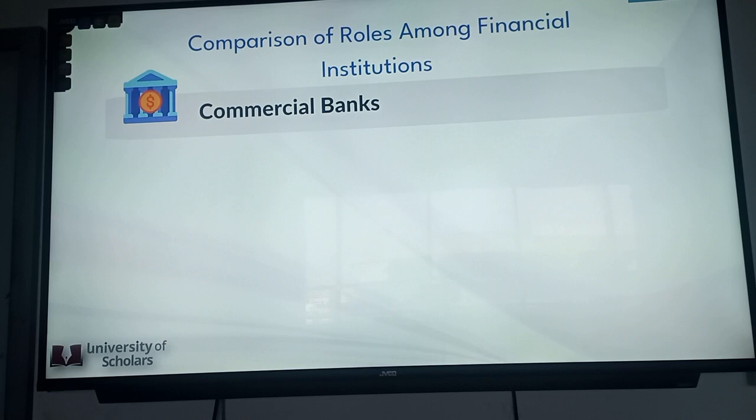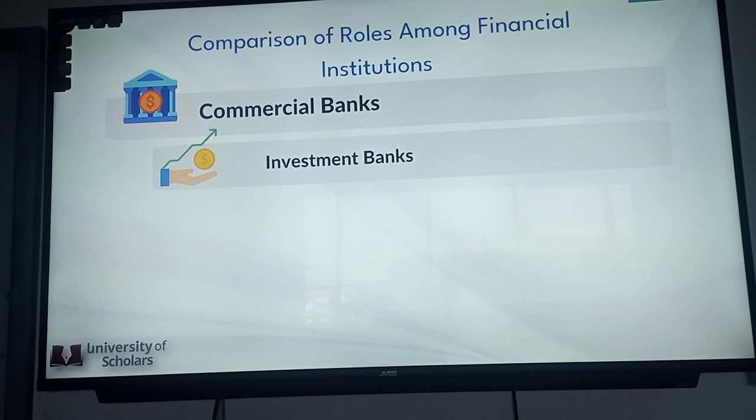The second point is the investment banks that we need to discuss, which assist companies in capital raising activities such as IPOs. IPOs mean initial public offerings for companies who want to take money from the public by offering shares, by issuing shares actually.